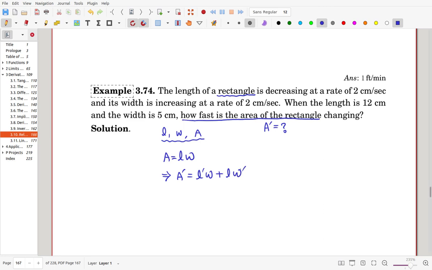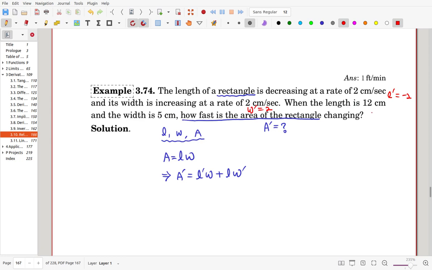Let's look at the problem again to find the data. We'll use a pencil in red. Here the length is decreasing at that rate, which means that L prime equals -2. Now the width is increasing, so W prime is 2.